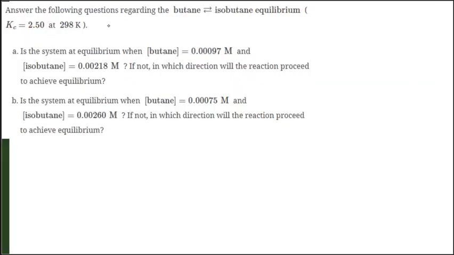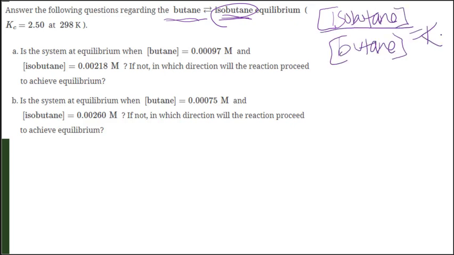This question has two parts. It wants us to go back to that butane and isobutane equilibrium. So if I take my products, the concentration of isobutane over the concentration of butane, is equal to K. And we're told that our K at equilibrium is 2.50. Is the system at equilibrium when the concentration of butane is 0.00097? So that's the denominator.